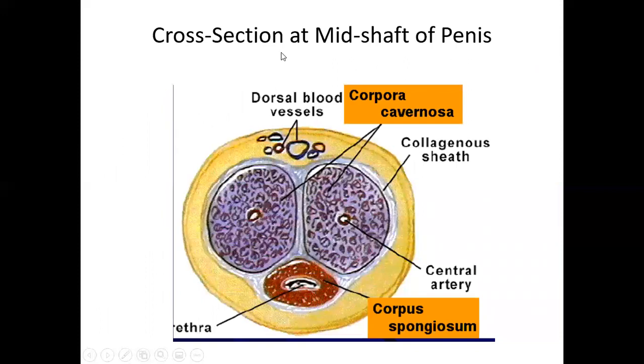This is the cross section of the mid shaft of the penis. We have the corpora cavernosa and the corpus spongiosum. Inside the corpus spongiosum we have the urethra, and the central artery is present inside the corpora cavernosa.